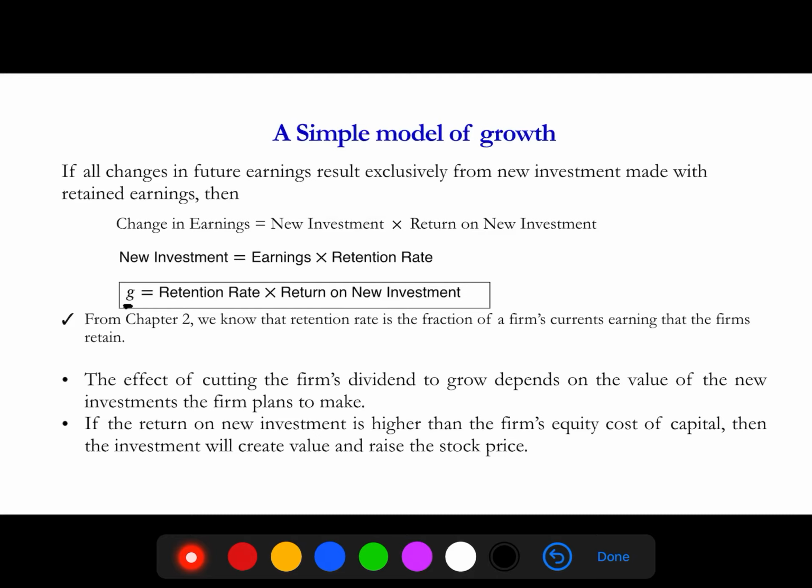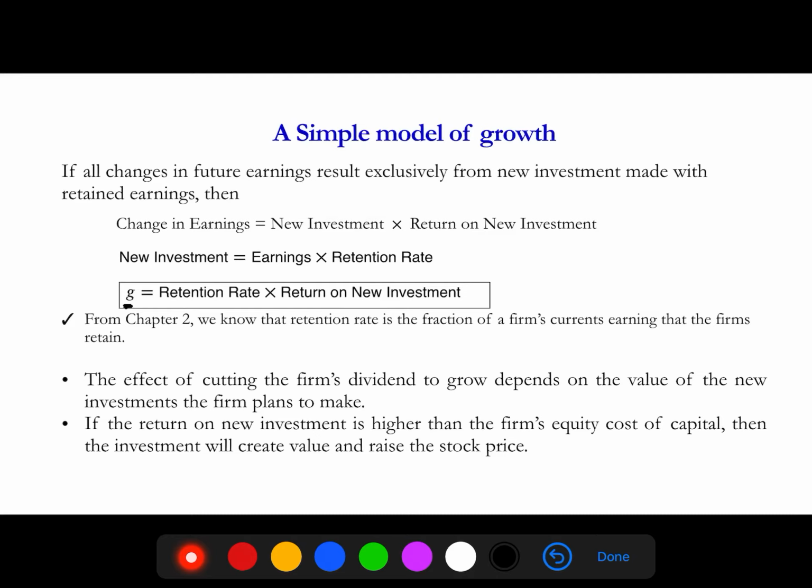Based on this, we can conclude that the effect of cutting the firm's dividend to grow depends on the value of new investments the firm plans to make. So it depends on what opportunities are in front of the firm and whether these opportunities are profitable or not.